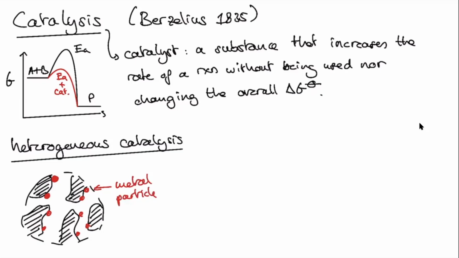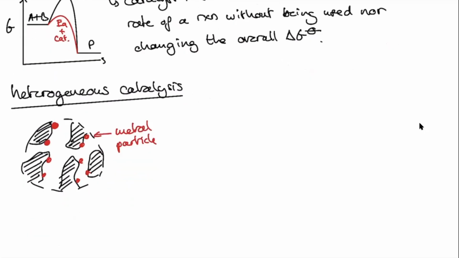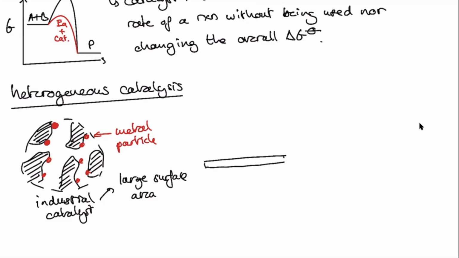So in this industrial kind of catalyst, you have a large surface area. So also a lot of reactions, right? Then if we look at how these things are studied, typically they are studied as a model catalyst.